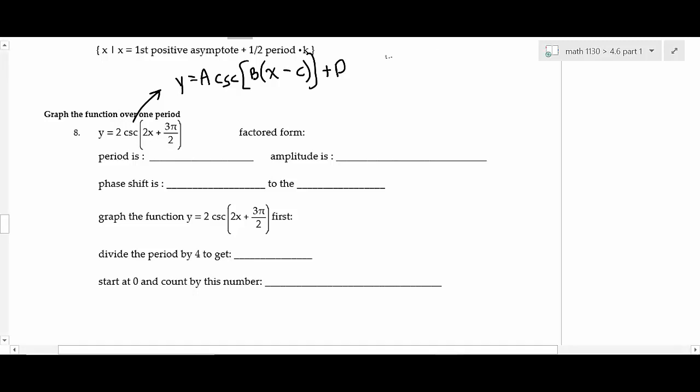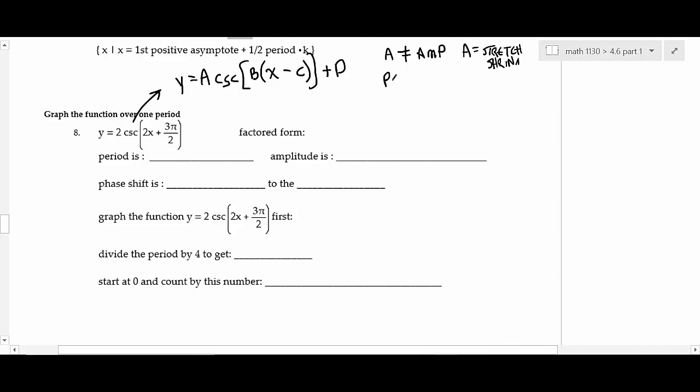Let's review: a is not an amplitude on a cosecant, but it does stretch and shrink.